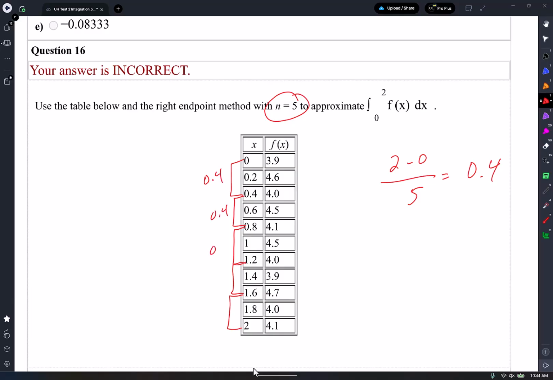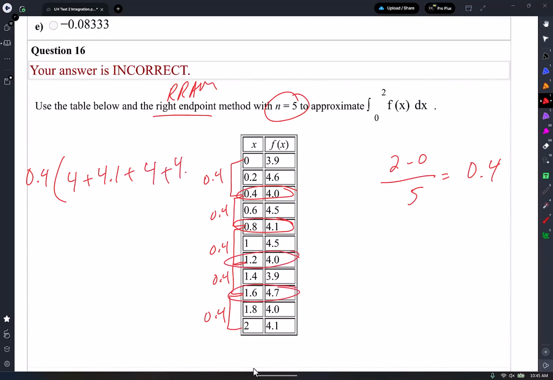So can we just factor out the 0.4? Here it is, 0.4 factored out, open parenthesis. We're doing a right Riemann sum, so the first one is going to be 4, plus the next one is 4.1, the next one is 4.7, one more, 4.1.